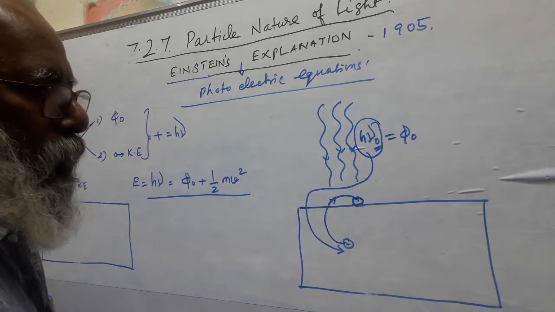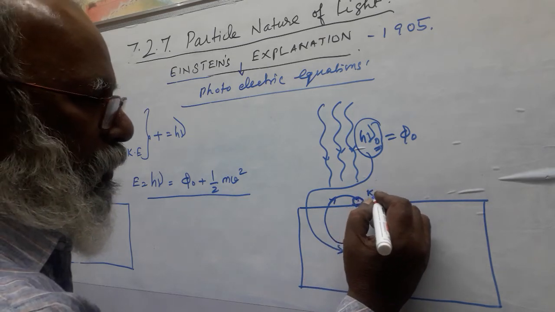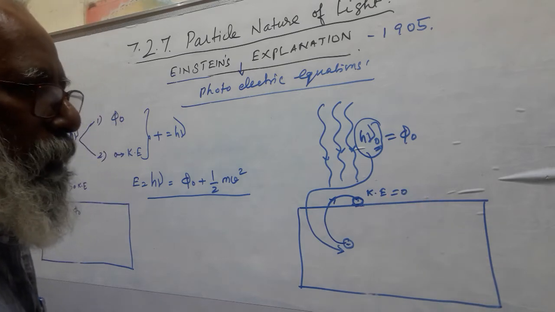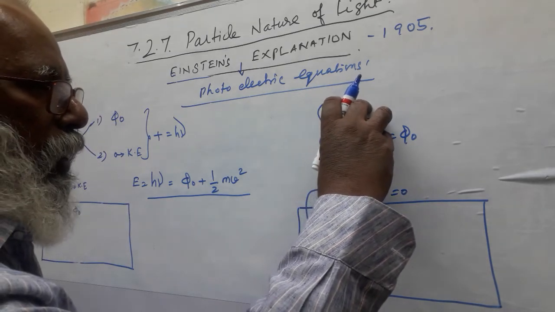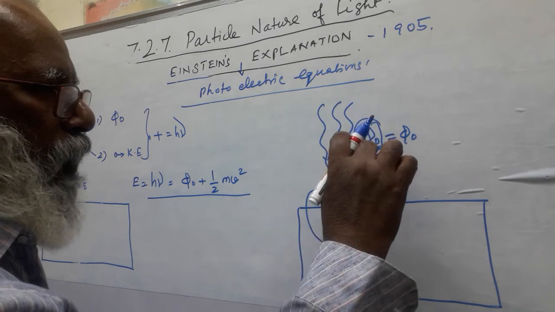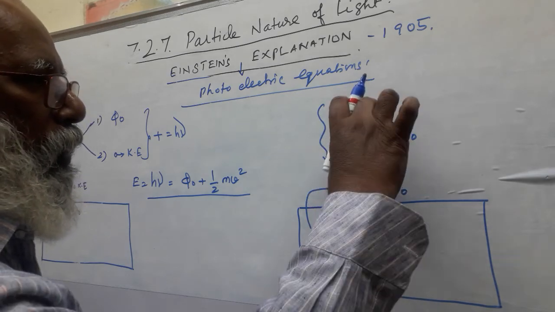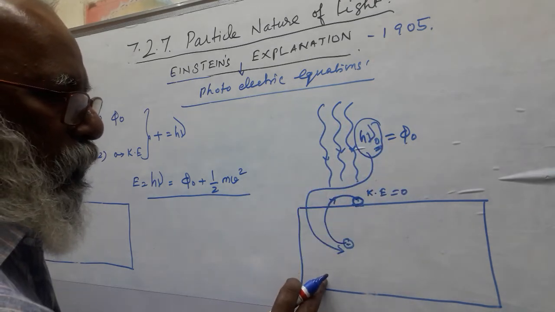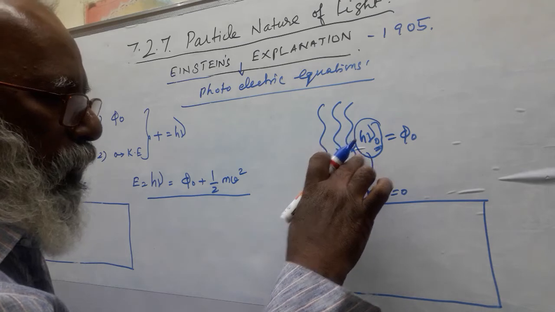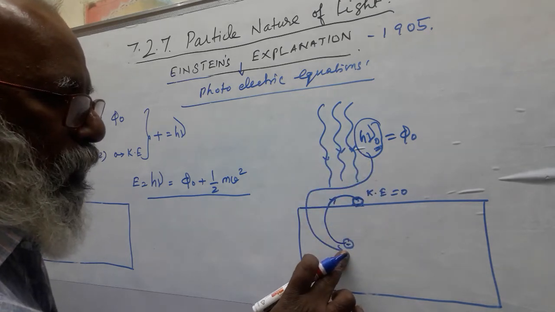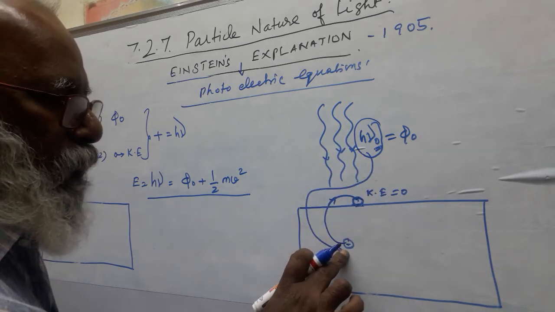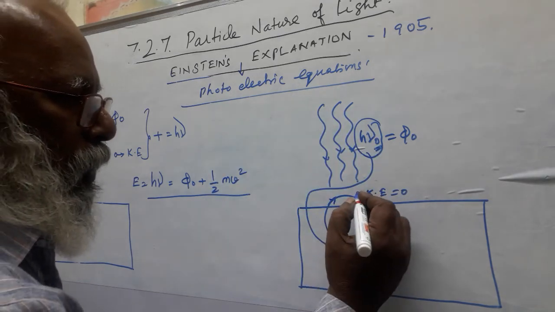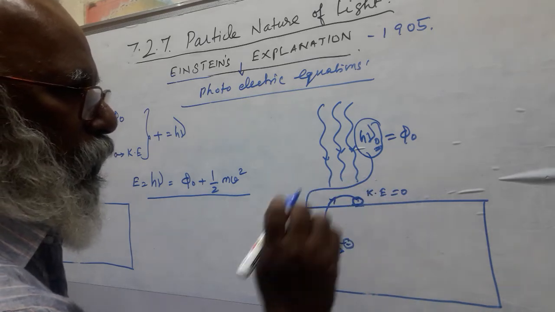So in this case the kinetic energy of the electron equals 0, because when the incident ray frequency is equivalent to nu naught, the energy h nu naught is the minimum, so the total energy of the incident ray is completely utilized by the electron to come out of the metal, so the kinetic energy equals 0.